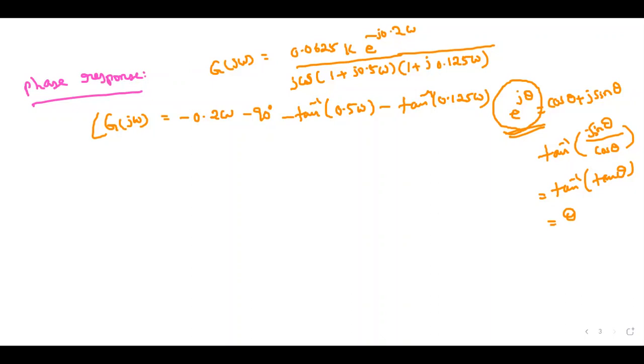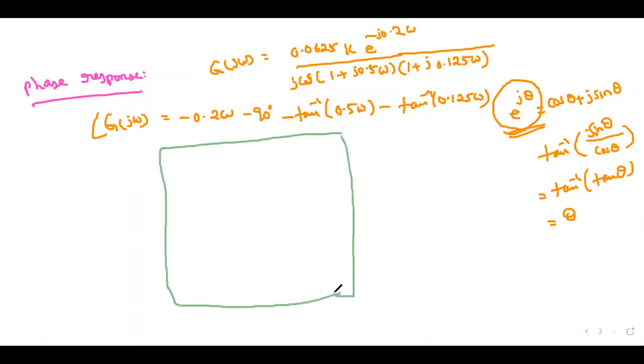Now make a table of omega versus angle. Tell me, what omega values should we select? 0 we can't show in the plot, so leave it.